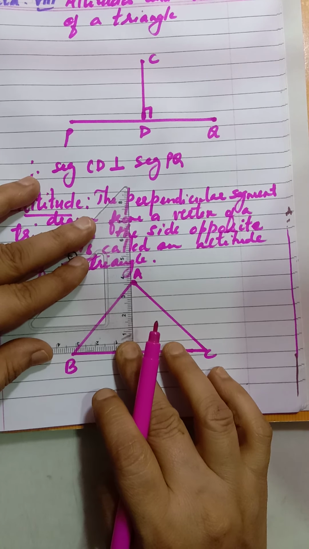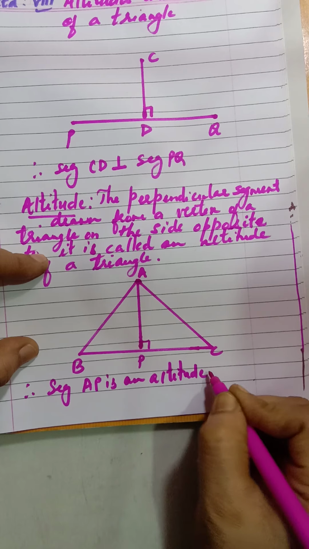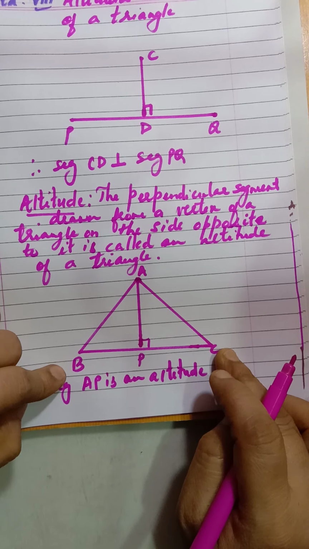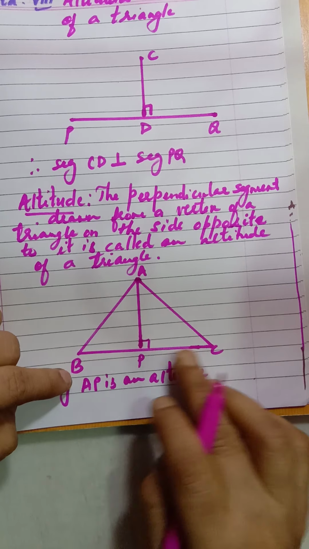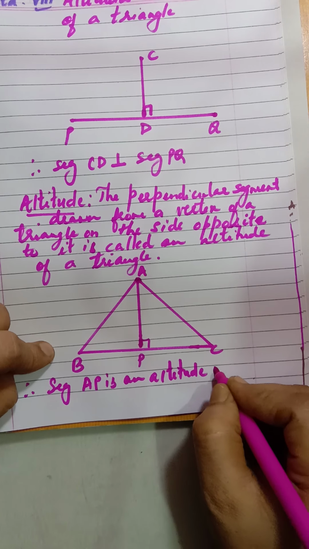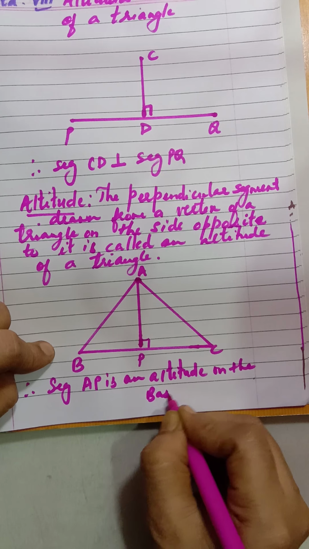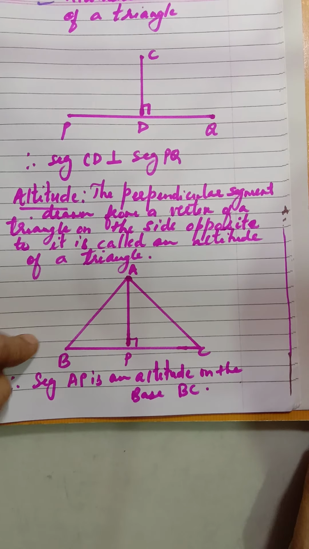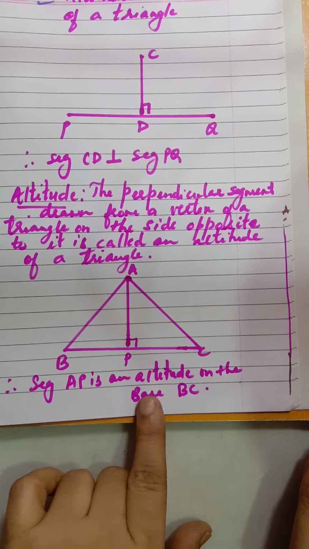If we name it as AP, we can say that segment AP is the altitude from the vertex A. Therefore, segment AP is an altitude, okay children, on which base? On the side BC, or we can say base BC. Segment AP is an altitude on the base BC.